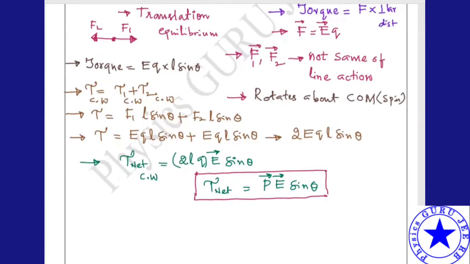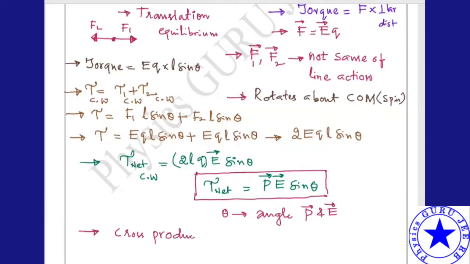Next, here PE sine theta. What is theta? Theta is the angle between what and what? P and E, the angle between P and E. Now how can we express this? We know from 11th class, cross products, right? From the knowledge of cross products, what can I write?